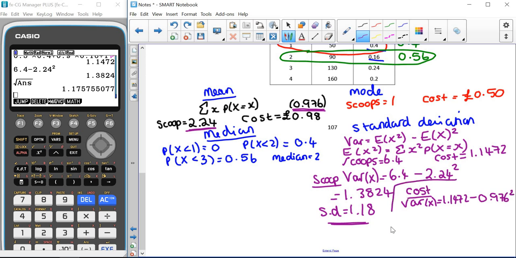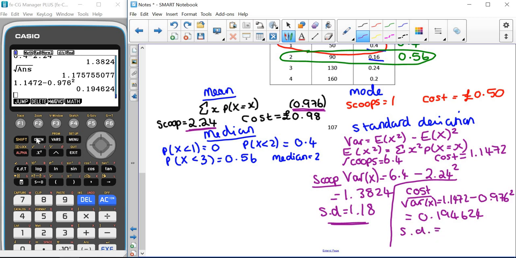Just put a line here to separate these. So that's 1.1472 minus 0.976 squared, which gives us 0.194624, and again I'm writing that down unrounded to begin with.